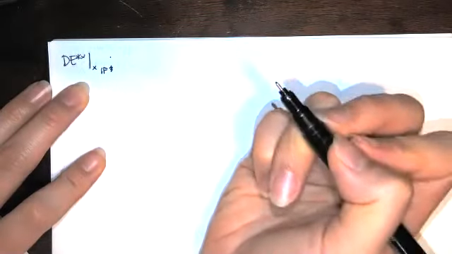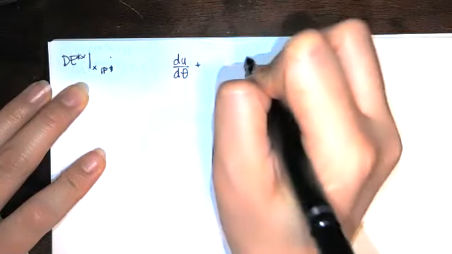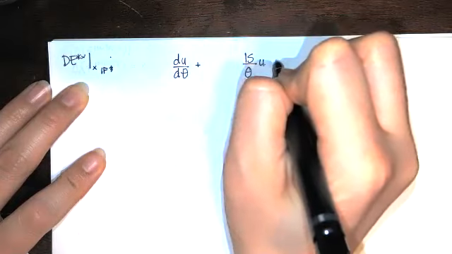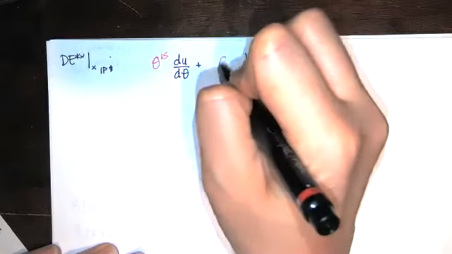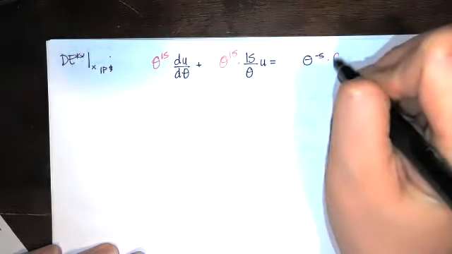So let's actually do that and see if we get the right thing. So our differential equation was du d theta plus 15 over theta times u equals theta to the -5. And we're taking all of these terms and multiplying them by theta to the 15th.